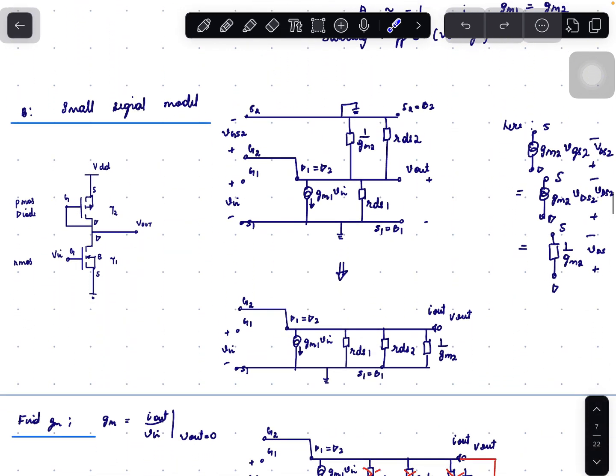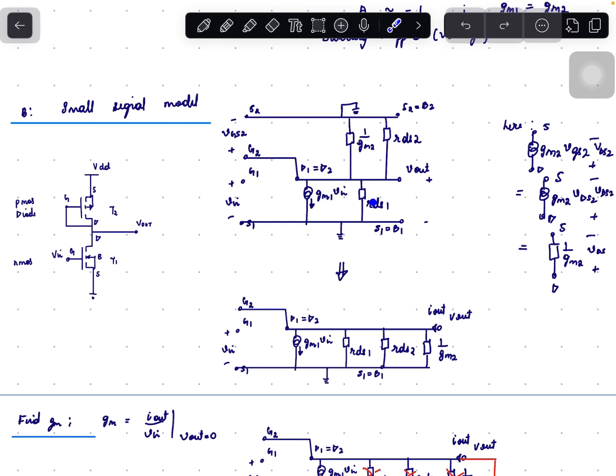Let us find the gain of the circuit by using small signal model analysis. So write down the small signal model of the common source amplifier with the PMOS diode load. Here gate G1 is the gate of T1, source S1 is connected to ground, VGS1 is nothing but Vn, so current is given by GM1 times Vn.